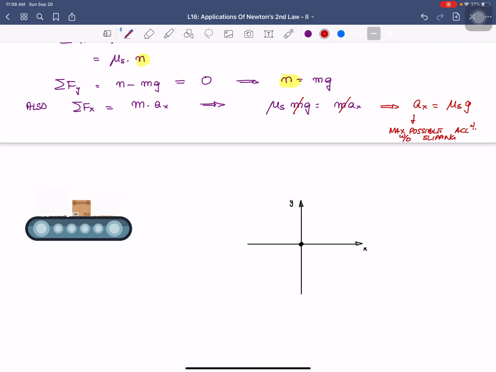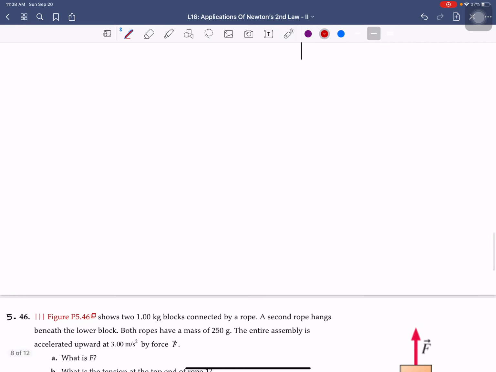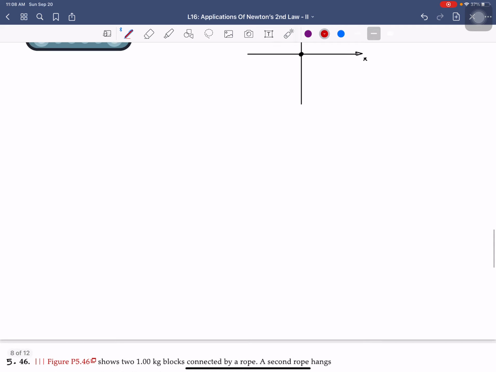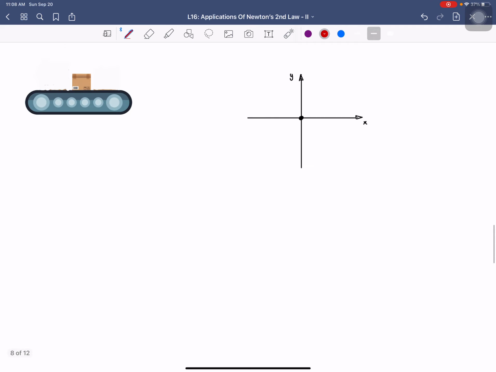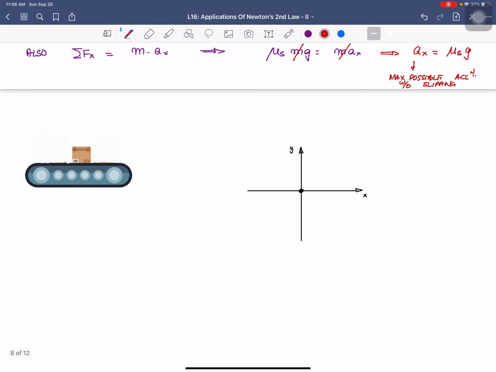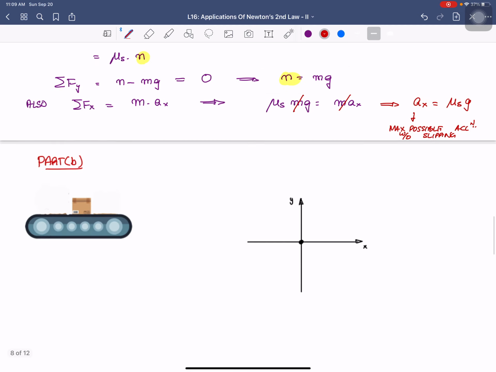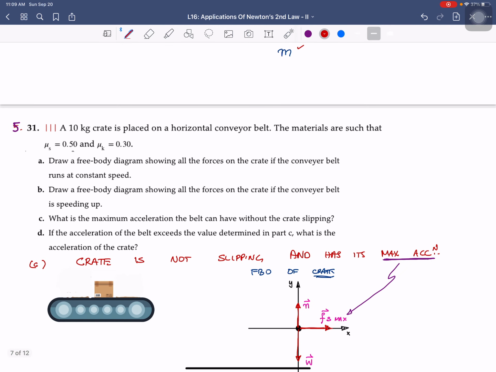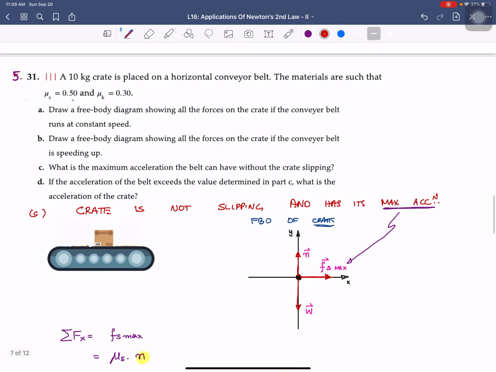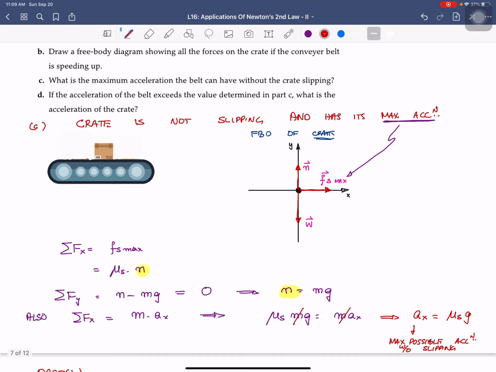Okay, and then we have part B of this problem. Now what's happening is you just crank up the speed of the conveyor belt, and at some point, remember, the force of static friction is maxed out.